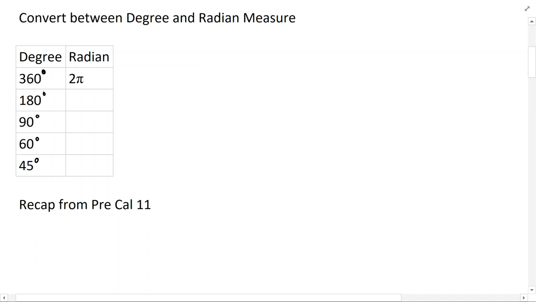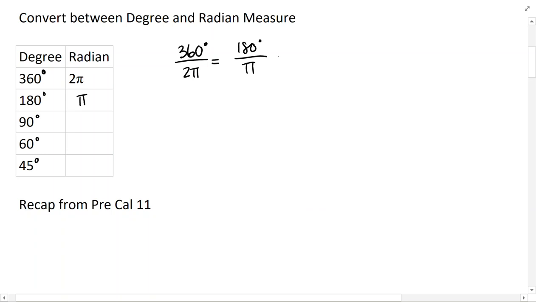Now we could think of this as a kind of conversion using fractions, right? So 360 degrees is 2 pi, so 180 degrees, which is half of 360, must be half of that. So it would just be pi.